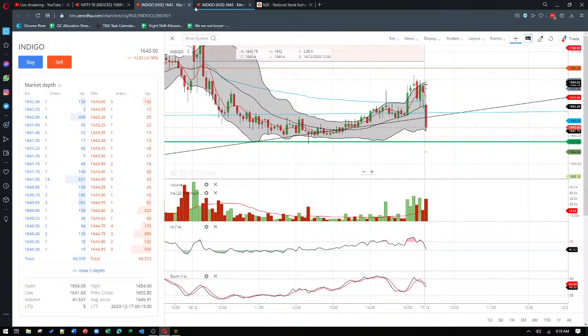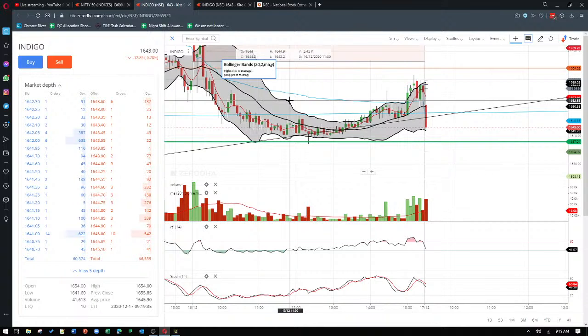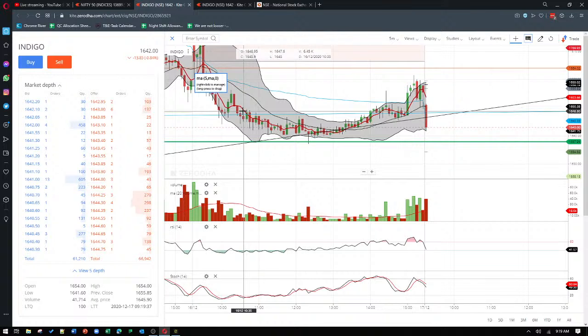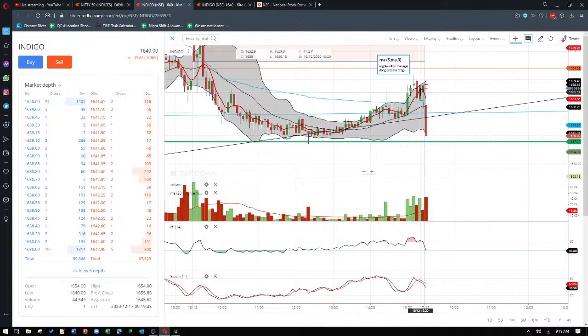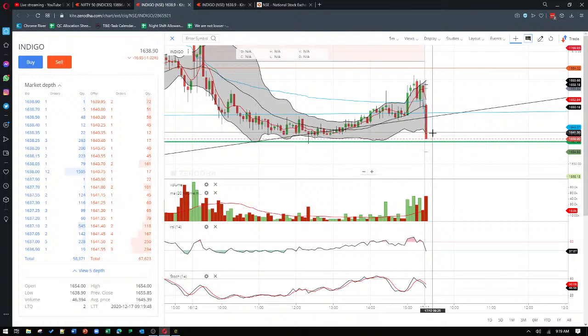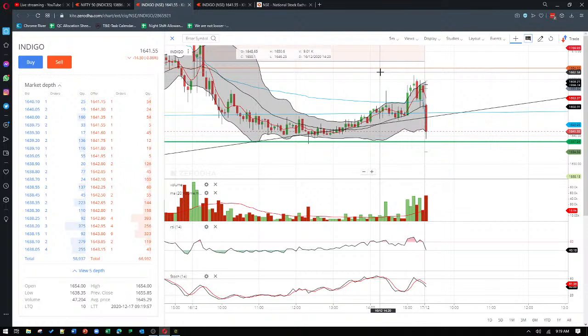This is the VWAP default setting and the Bollinger Band default setting, and the red one is the 5 period moving average. This moving average also helps me take a decision sometimes. If you look at the first candle, it is currently trading below the 5 period moving average. So that says it's not on the bull side, it's on the bearish side.